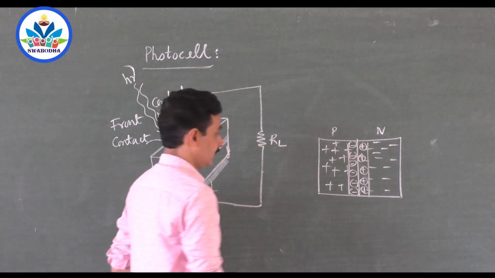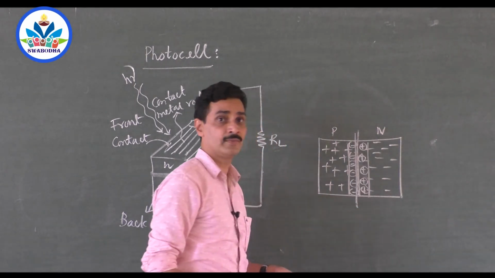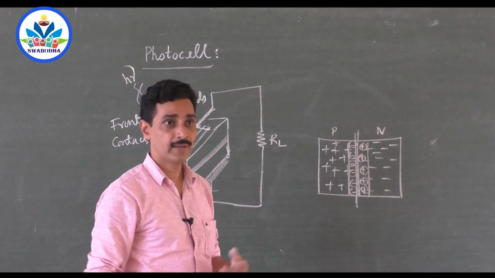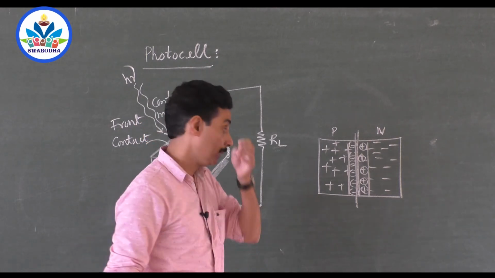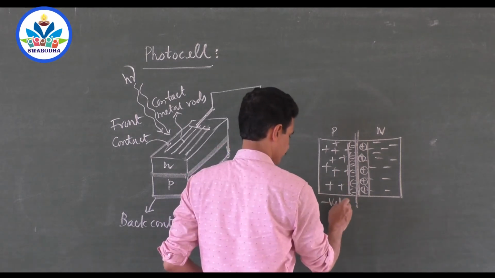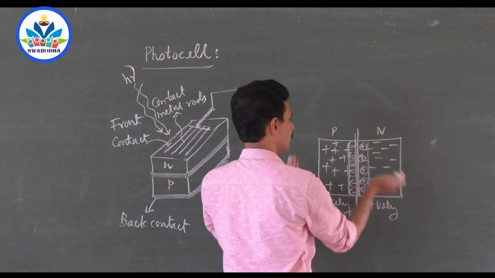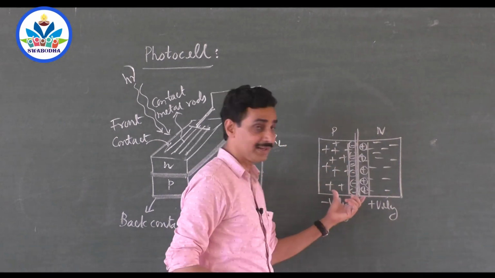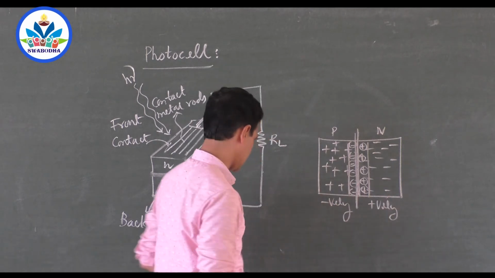Now you see, originally the p region and n region were neutral because they had doped atoms which are also neutral. But once the electron from here reaches here, this gets negatively charged and this gets positively charged because it has lost one electron. Totally it is neutral, but region by region, this region is negatively charged and this region is positively charged.